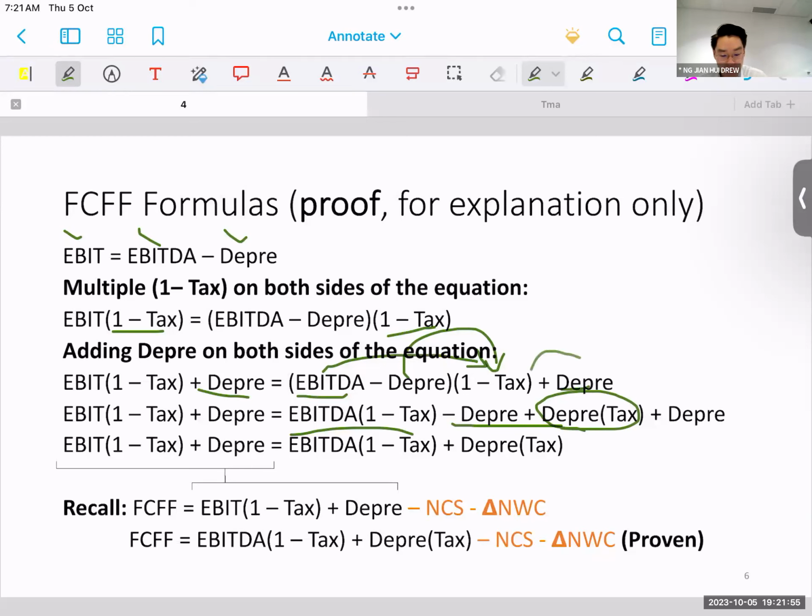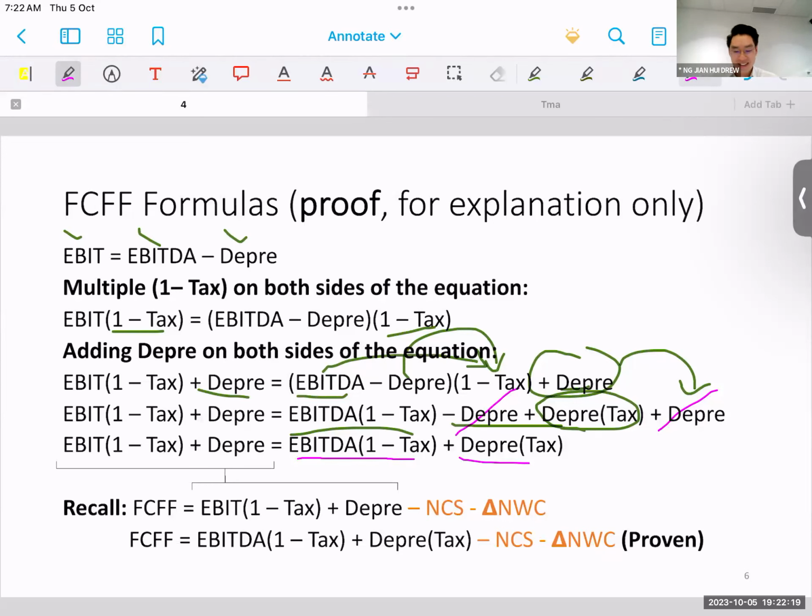And I just put back the plus depreciation here. And immediately you realize something. Can you see that minus depreciation and plus depreciation cancel out? So what's left here is just EBIT times 1 minus tax plus depreciation times tax.